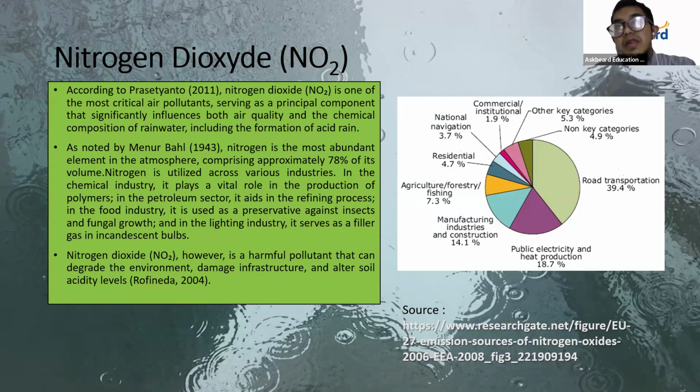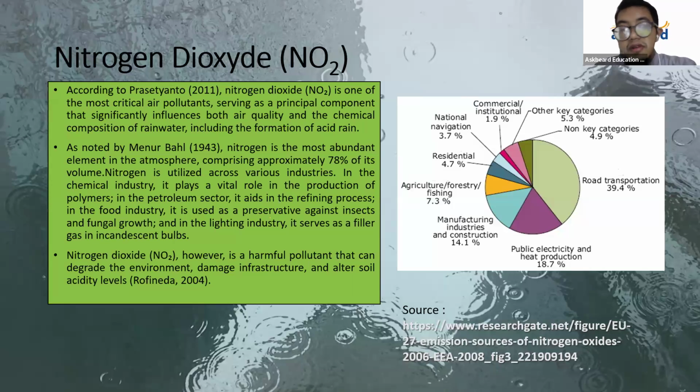The soil pH ideal for agriculture is about 5.5 to 7.5, but because of nitrogen dioxide emissions, it will lower the pH and make the soil not suitable to support agriculture.